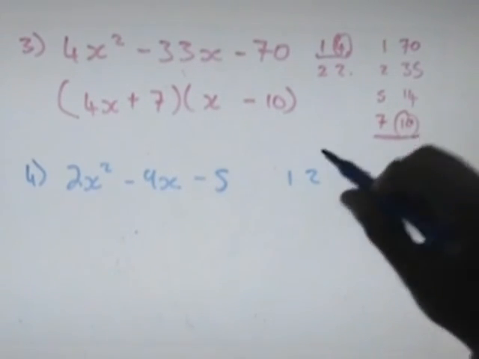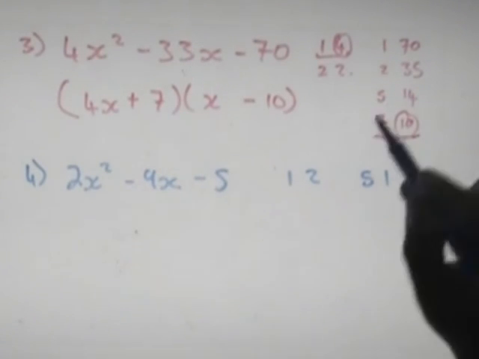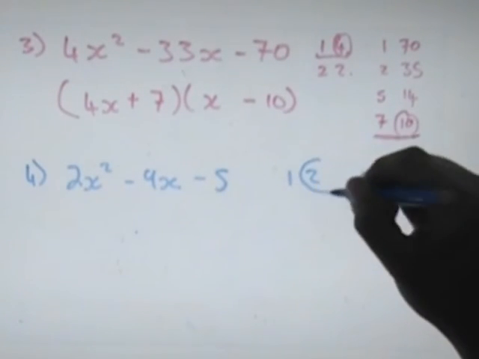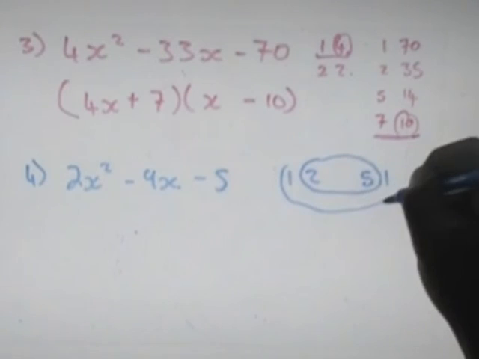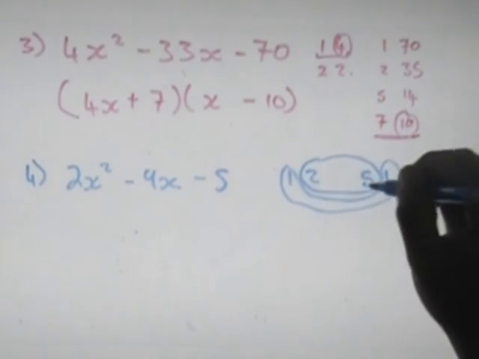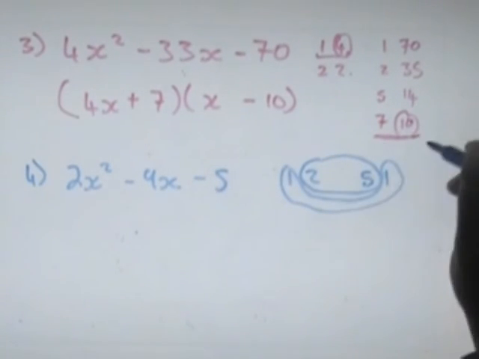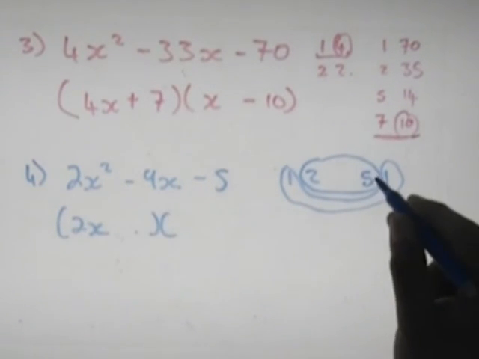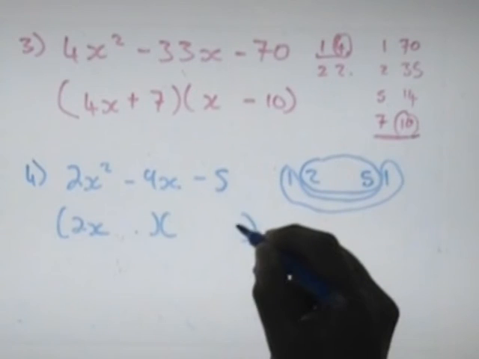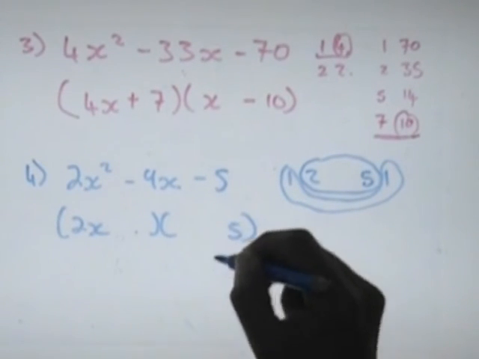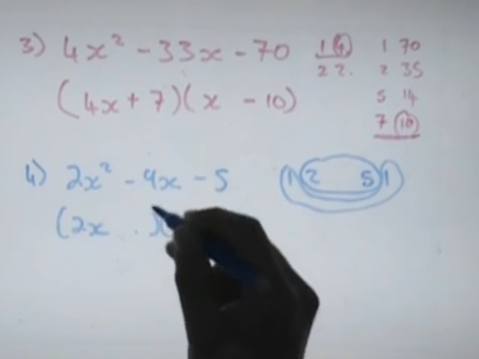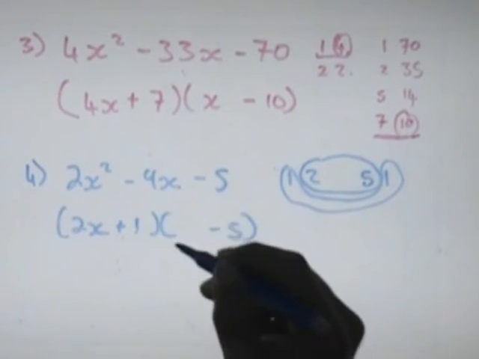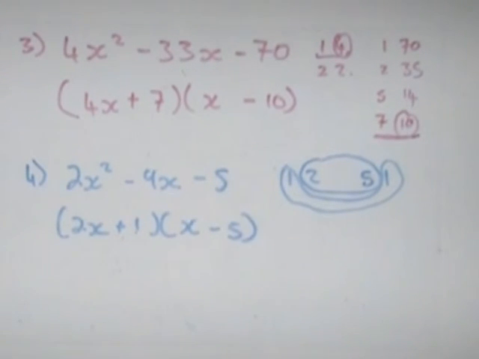Can they give us a combination of negative 9? 5 times 2 is 10, 1 times 1 is 1, negative 10 plus 1 is negative 9. I need to get the 5 near the 2, so I'm going to put it at the end there. That will give us negative 10x plus 1x, which will be negative 9x.